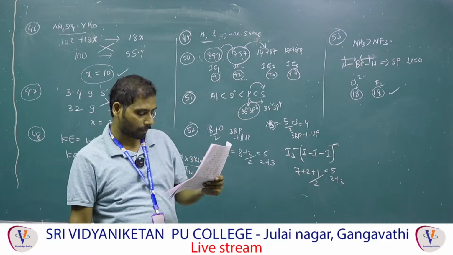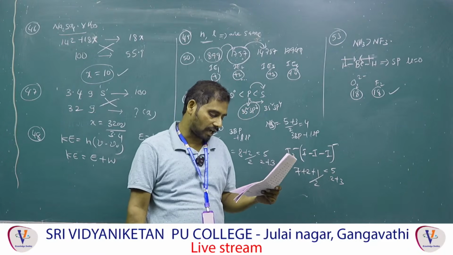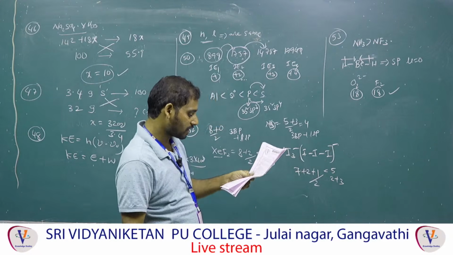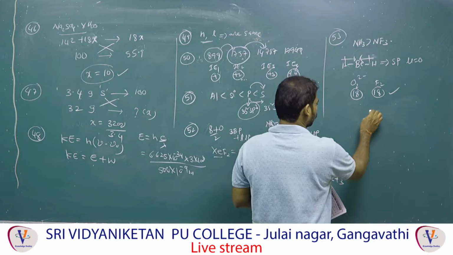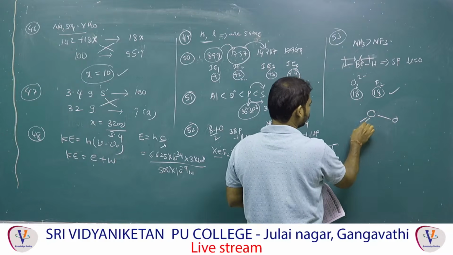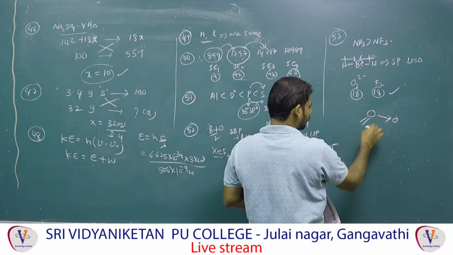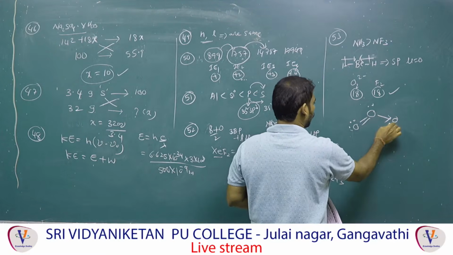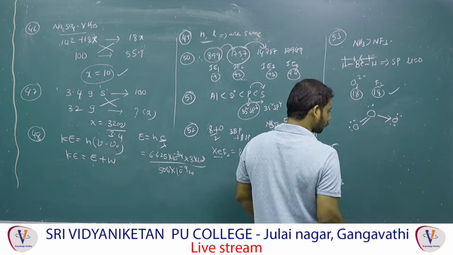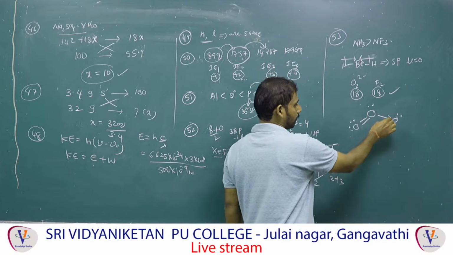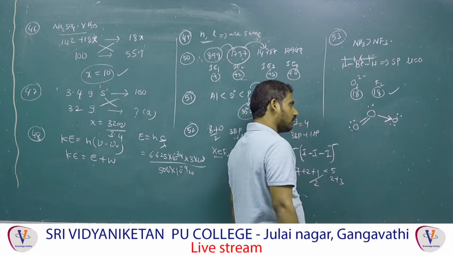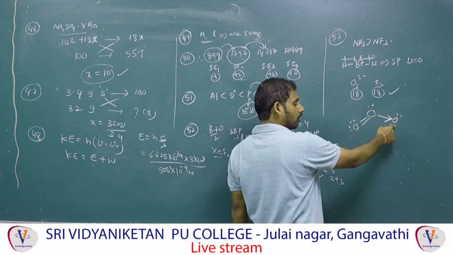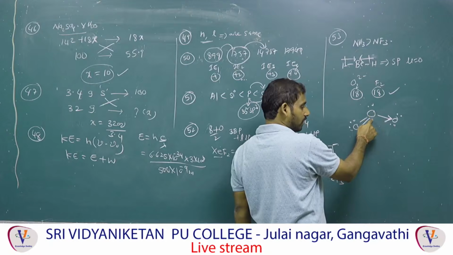That is also correct. The formal charge of the central oxygen atom of ozone is plus 1. Ozone, this is the structure of the ozone molecule. Observe here. Actually, each oxygen is surrounded by 2 lone pairs. 2 lone pairs are there, but here also 2 lone pairs are there.